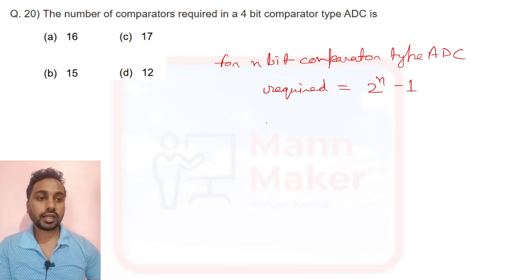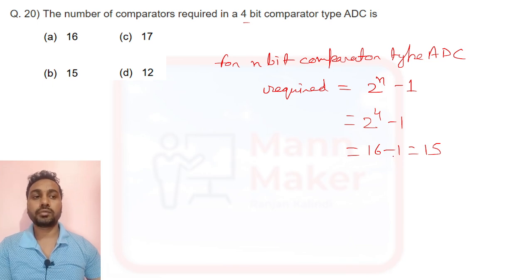Here n is 4 bits, so 2 to the power 4 minus 1, that is 16 minus 1, or 15 comparators will be required for a 4-bit comparator type ADC. So option B is your right answer.